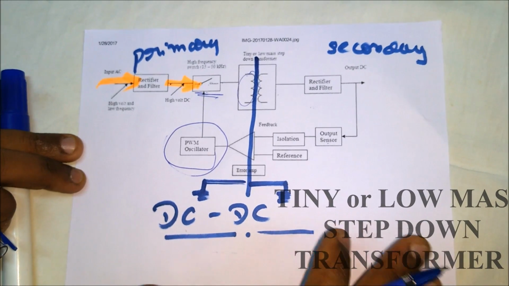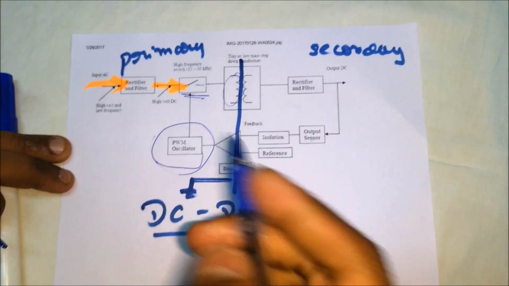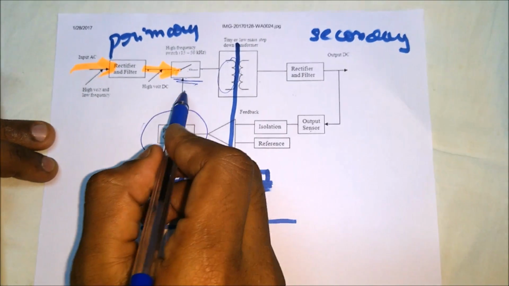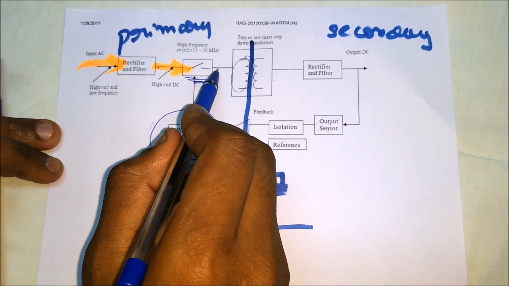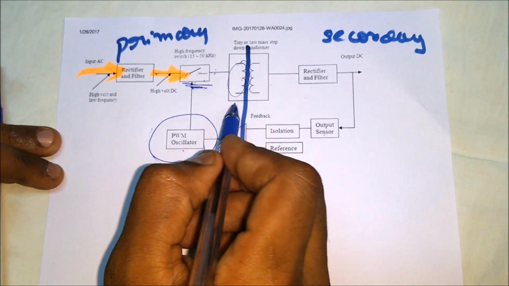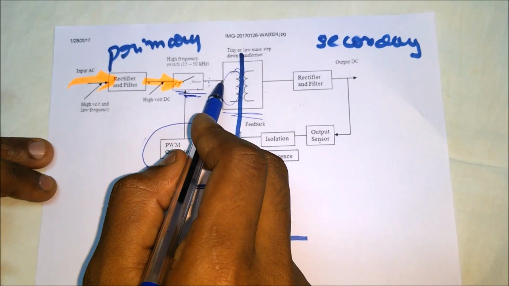Mainly our SMPS converts high voltage to low voltage only. When my PWM pulses are fed to the switch, it starts switching on and off, which converts power. And this is a transformer which transfers energy from primary to secondary.